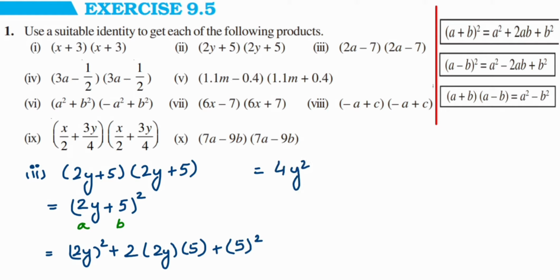So we'll get 4y square plus, now multiply the numerical factors, that is 2 into 2 is 4, 4 5s are 20, so we'll get 20y, and 5 square is 25. So that's it. 4y square plus 20y plus 25 is the answer for this question. Now we'll go to the third one.